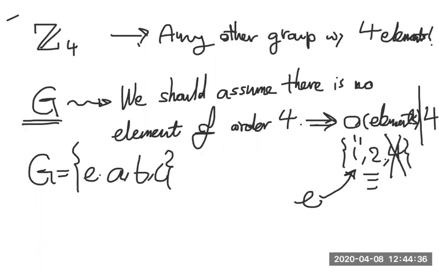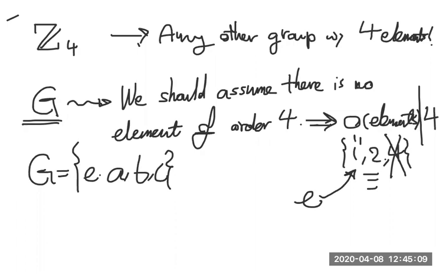So I was saying, I'm looking for another group with 4 elements. And in the previous case, we assumed there exists an element of order 4. So if I want to find another group with 4 elements, I should assume there is no element of order 4. On the other hand, because the order of each element divides 4, the only potential orders are 1, 2, and 4.